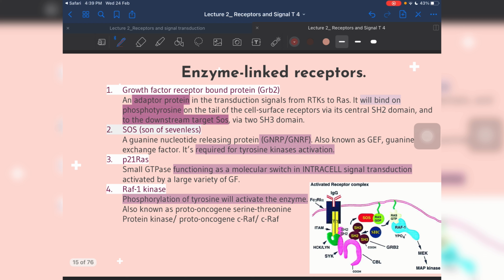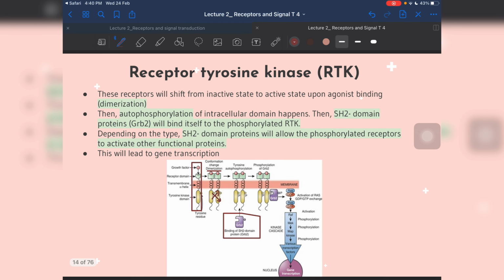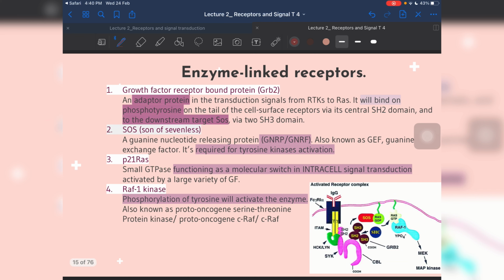These are the components of enzyme linked receptors, and things that are related in this pathway. One is GRB2, growth factor receptor bound protein. GRB2 is an adapter protein that we've seen just now, right here. This is the SH2 protein. Then we have SOS, son of sevenless.